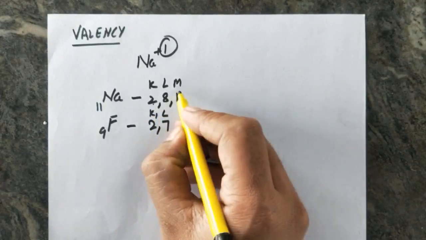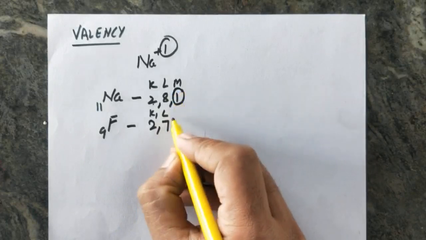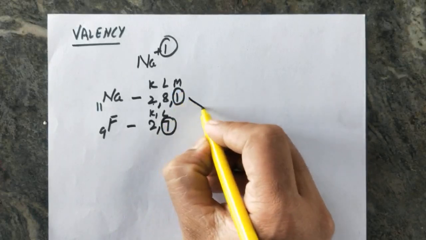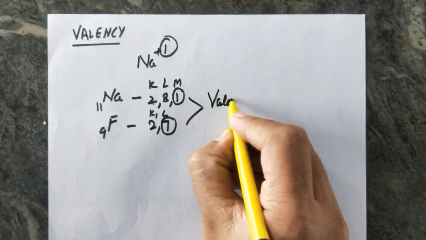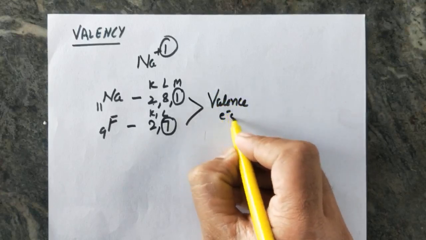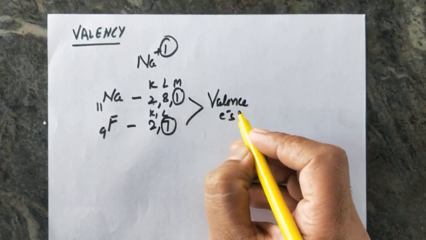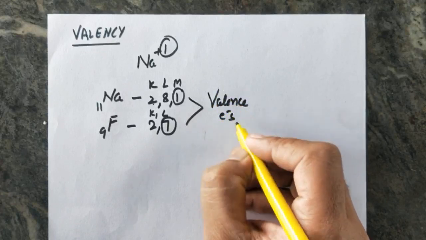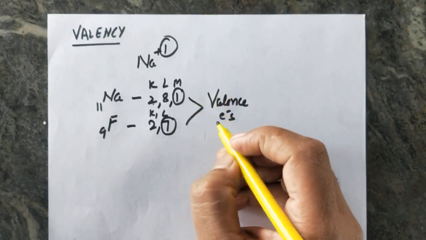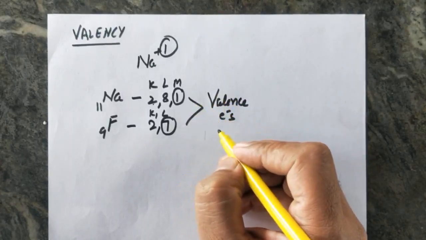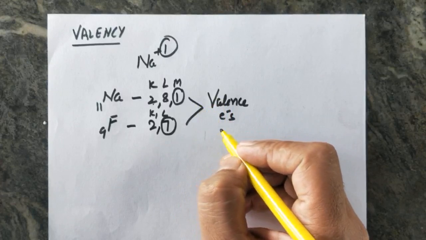Now students, the number of electrons present in the last shell are called valence electrons, and from these valence electrons we can predict the valency of an element.